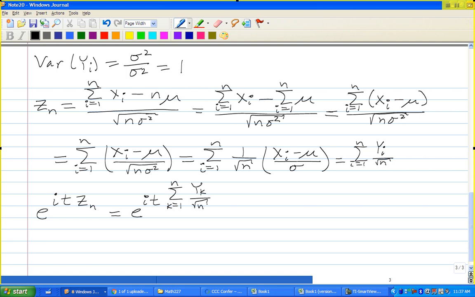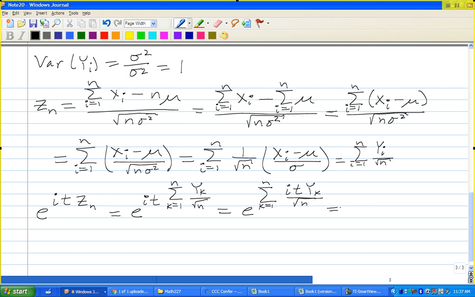I'm just changing the name of my dummy index so it doesn't get confused with the other i that's there. So this is equal to e to the sum k equaling 1 to n of i t yk over rad n.